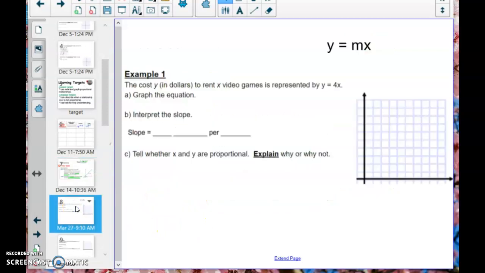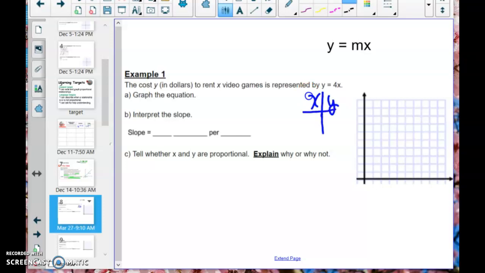Alright, first example, and a lot of the examples today are going to be real life problems. The cost y in dollars to rent x video games is represented by the equation y equals 4x. Part A says to graph the equation. So what we do to graph that equation is I set up a little XY table.